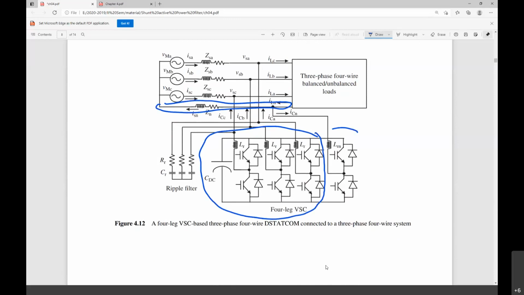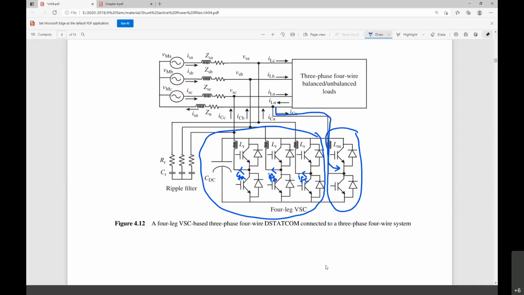For a three-phase four-wire system, we have one more leg. The neutral current flows this way, and based upon the operation, it circulates in the filter currents IFA, IFB, and IFC.